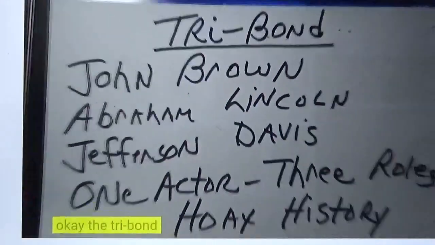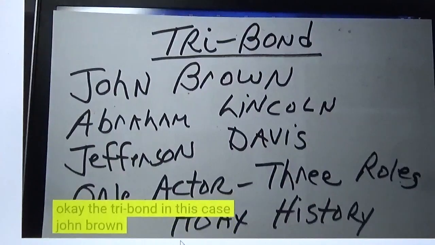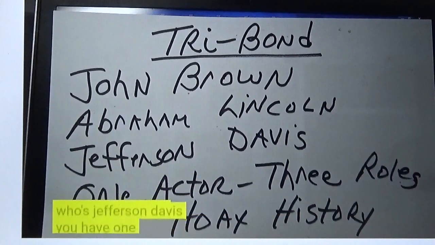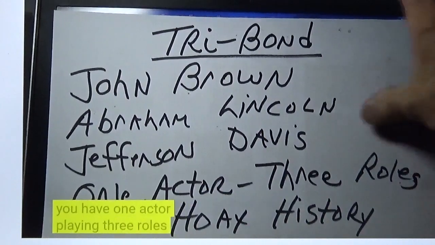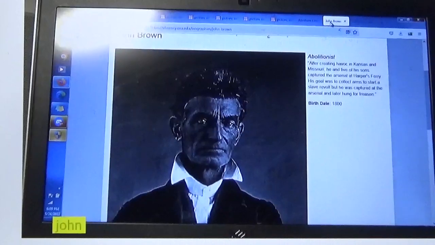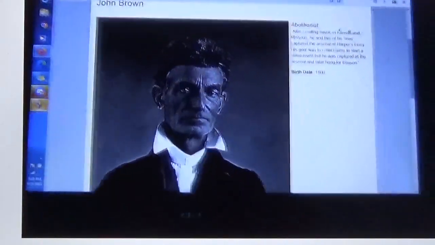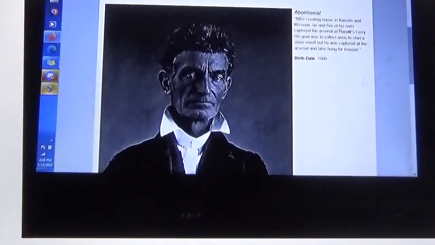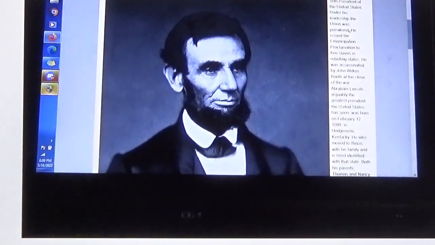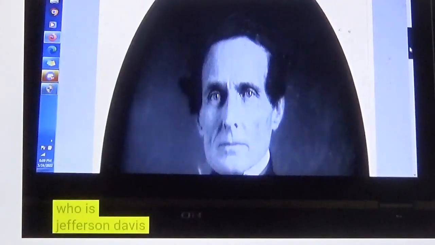Okay, the tri-bond, in this case, John Brown is Abraham Lincoln, who's Jefferson Davis. You have one actor playing 3 roles. John Brown, who is A.B. Lincoln, who is Jefferson Davis.